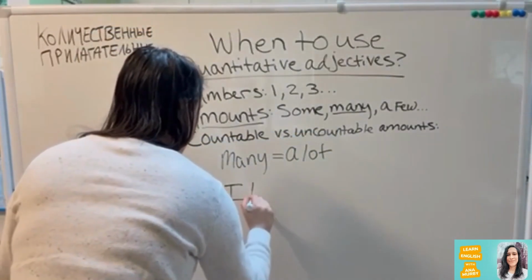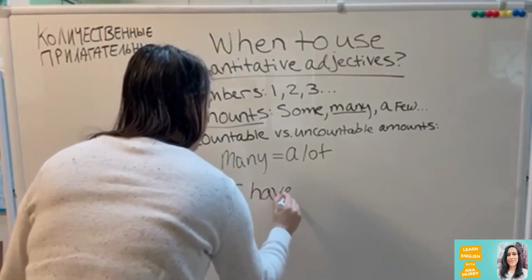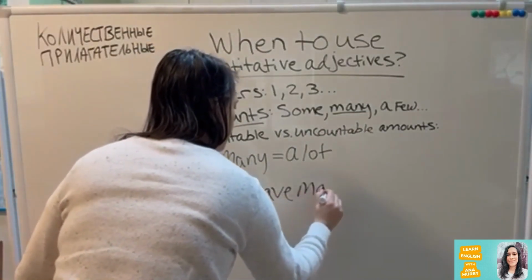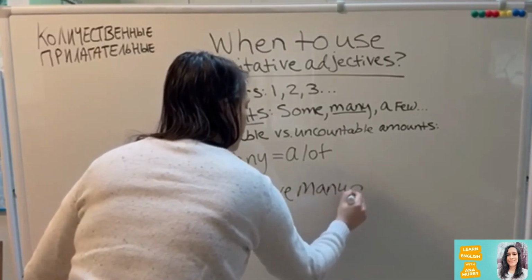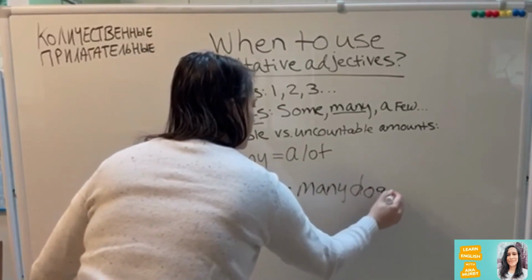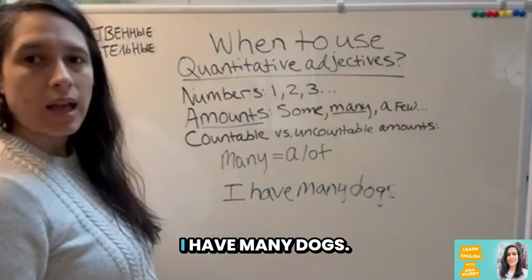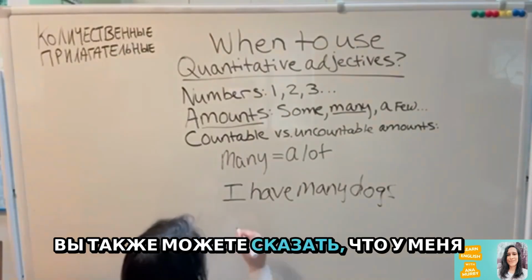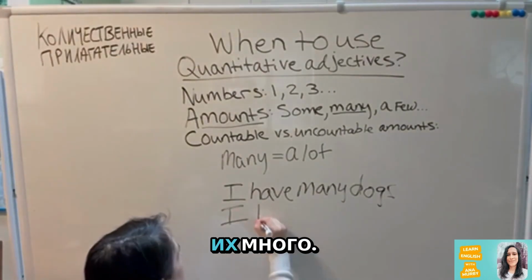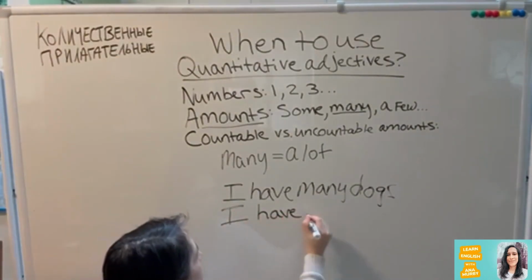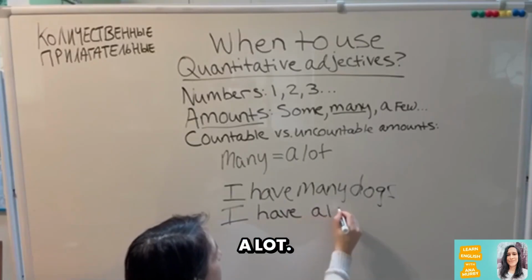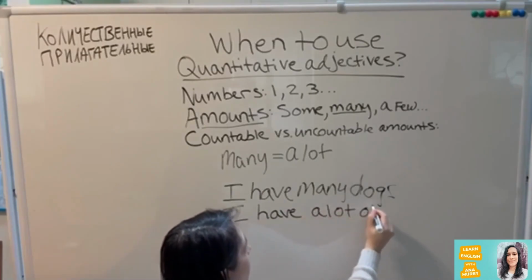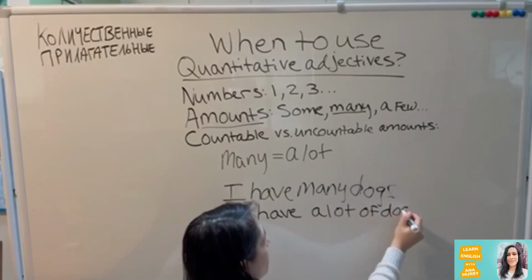Here's an example. I have many dogs. You can also say, I have a lot of dogs.